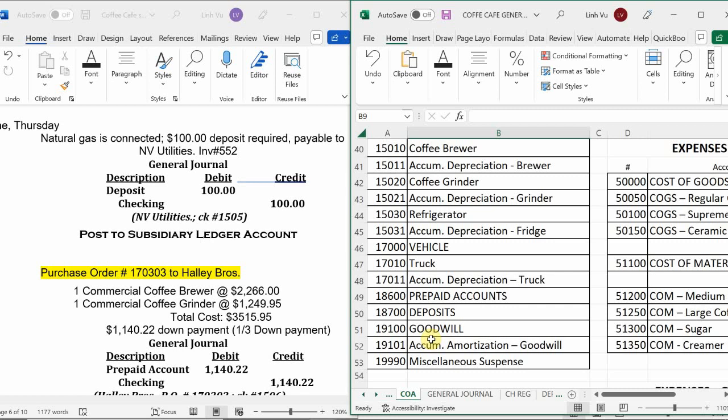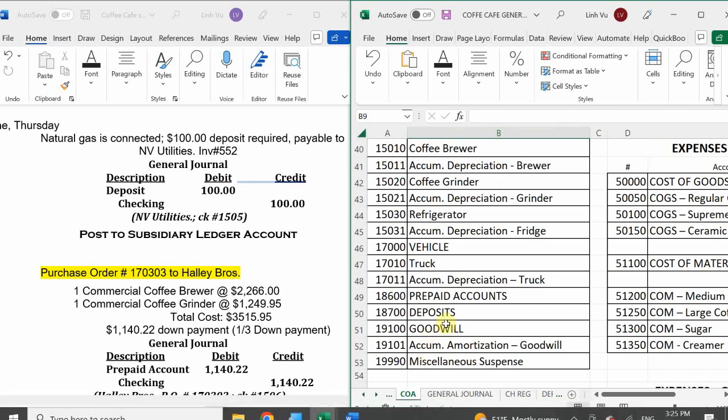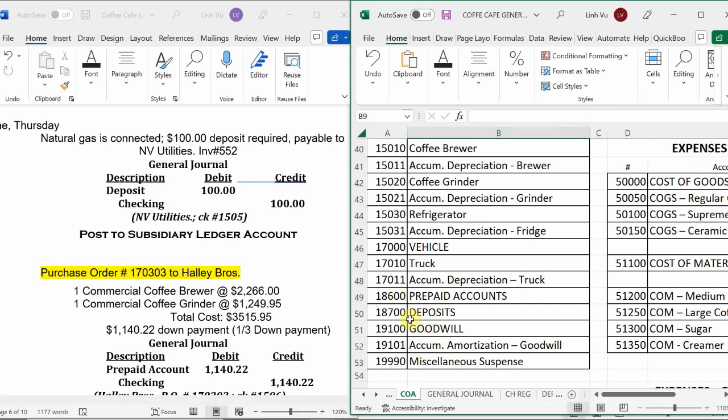That should go to your assets under coffee brewer. Okay, so in this case, it's not fully done, but it's only partially done. Okay, but how am I going to pay for it is the question. Checking. You're going to pay with a check.